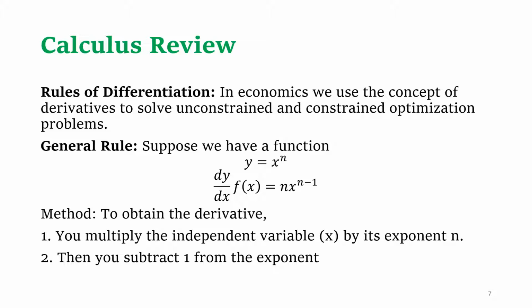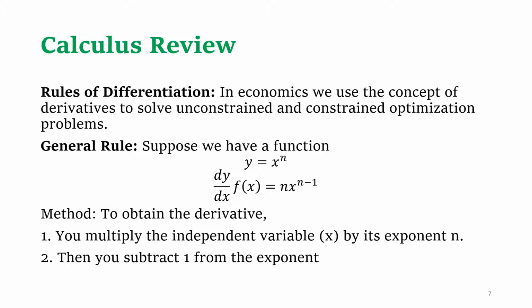So now let's look at this one. You multiply the independent variable by its exponent, n. That is what we did, right? And then the exponent is n, and we multiply x to the power n by the exponent n. That becomes n x to the power n. But then you have to subtract 1 from that exponent. We don't just leave the exponent like that.